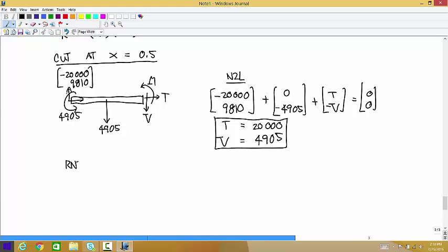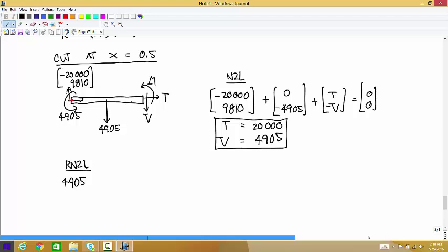And then the moment equation, our about point is the left end. The negative 20,000, positive 9810 doesn't produce any moment, but the couple of 4905 does, so positive 4905. Then what's the moment arm of the 4905 force?